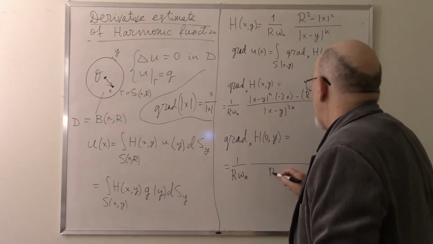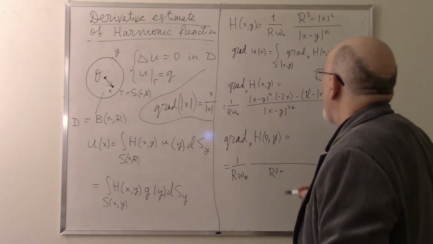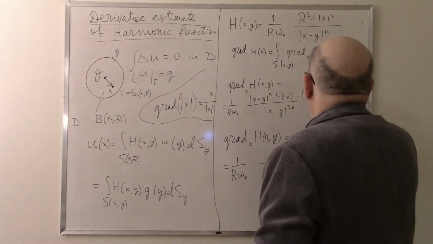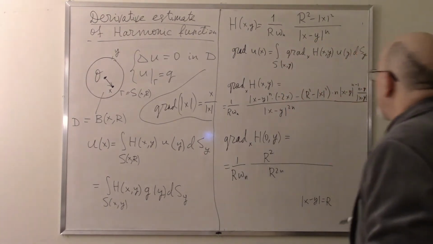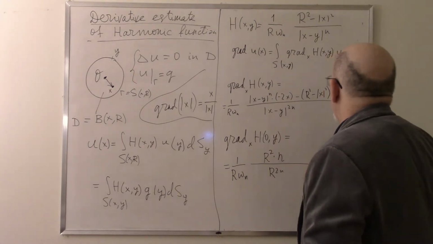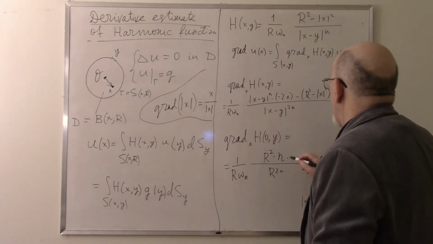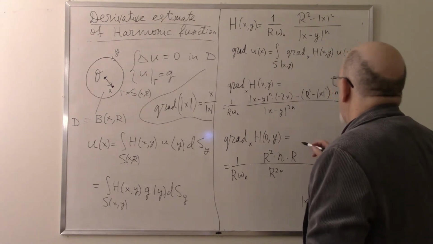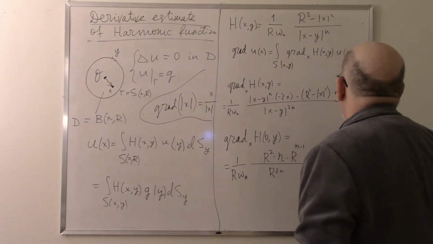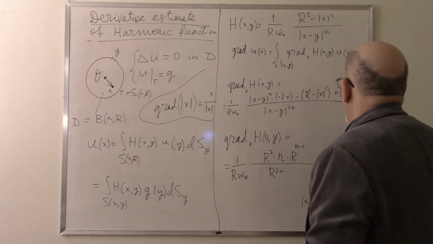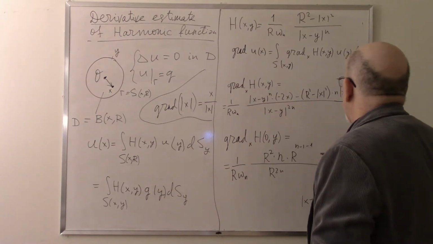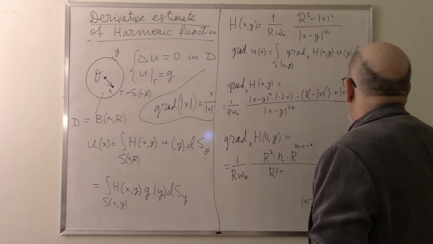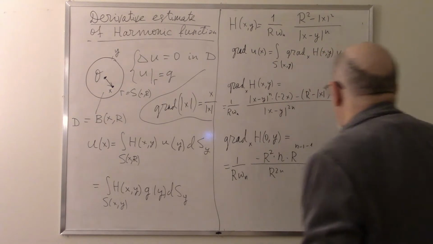So it is r to the power 2n, and here r square minus module x square times n times r to the power n minus 1 divided by module x minus y, times minus y, and here was also minus.